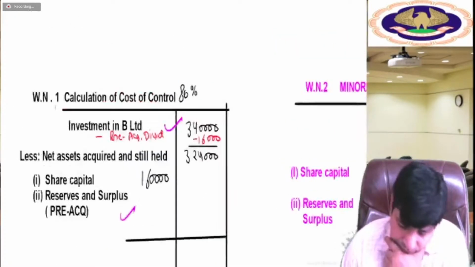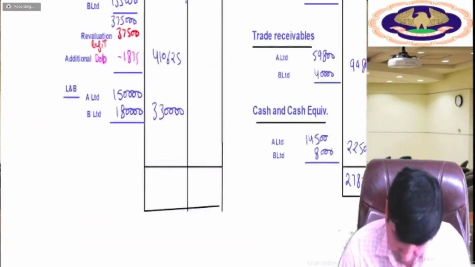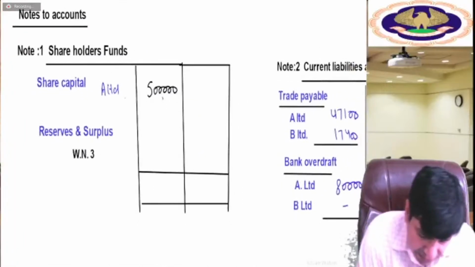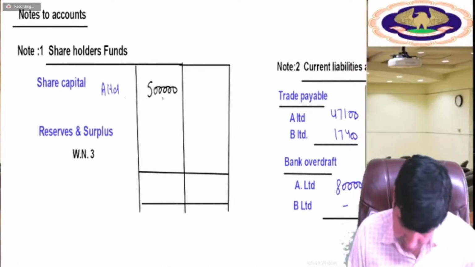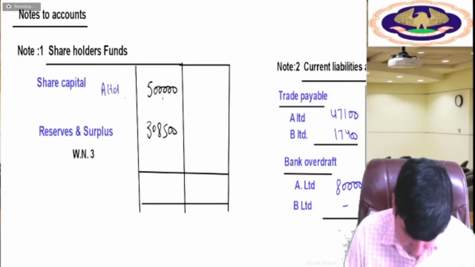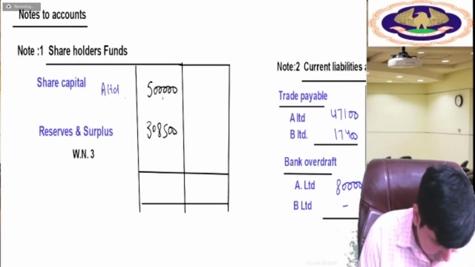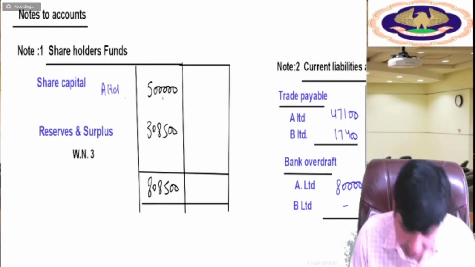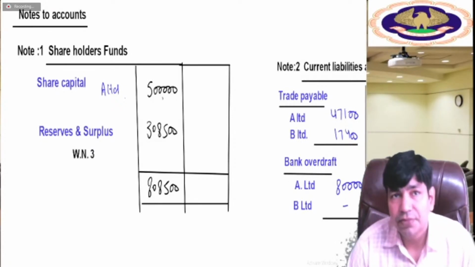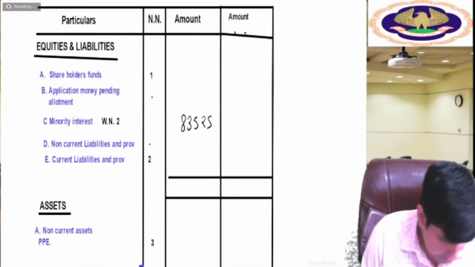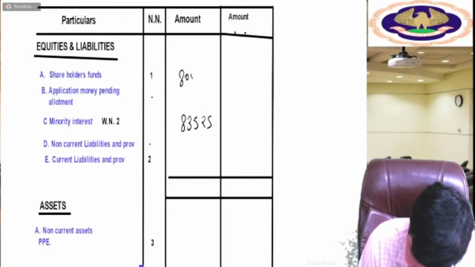So in the shareholder funds, the reserve and surplus total is 3,08,500, and now the total becomes 8,08,500 that has to be posted to the balance sheet. Please post it to the balance sheet. That is 808,500.